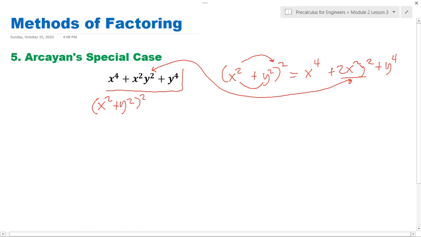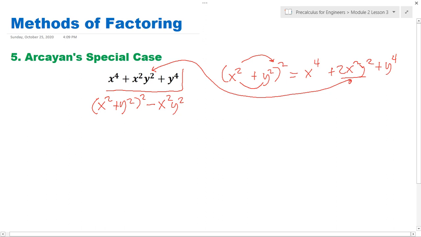So what we are going to do? Nagdagdag tayo. In short, babawasan na lang natin. So we just minus x squared y squared. Kasi nagdagdag tayo ng 2. Kung i-subtract natin ng isang x squared times y squared, so magiging same pa rin, wala tayong dinagdag. We just change its form.